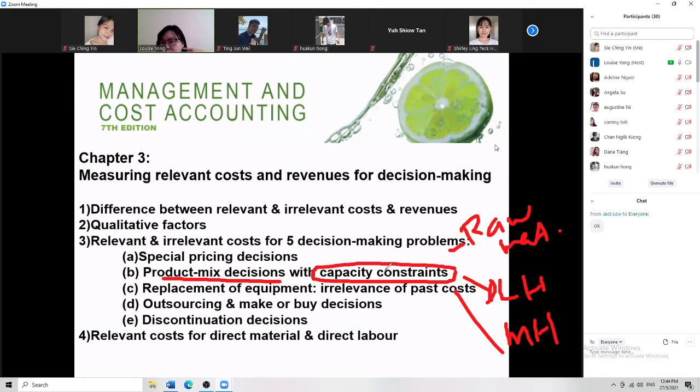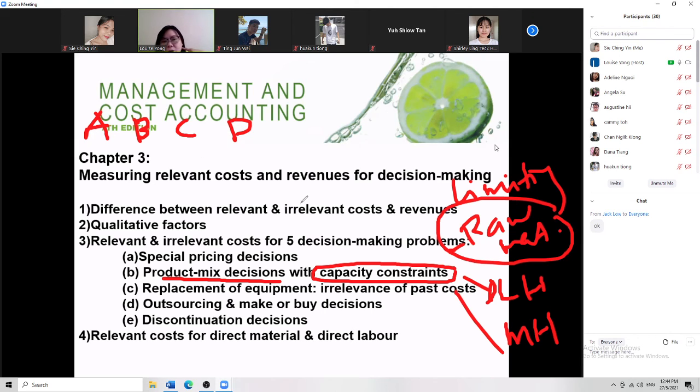So sometimes you have a limiting raw material, labor hour, and machine hour, but you have different products, you have many products, A, B, C, D. So they are sharing the same raw material.